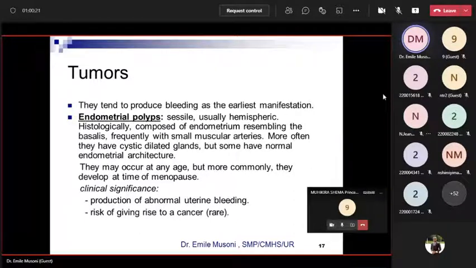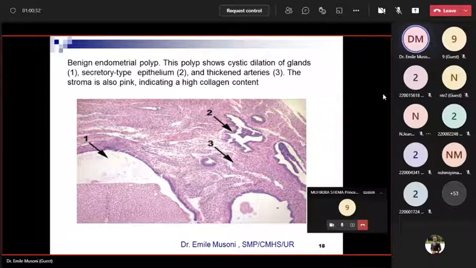This is why when you see uterine bleeding in menopause, please pay attention. This is the benign endometrial polyp. They show a cystic dilatation. This is the epithelium. This is the lumen of the cyst. This one is the stroma. And there are some scattered lymphocytes.